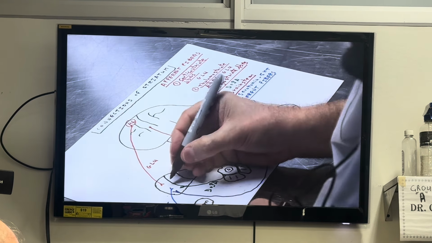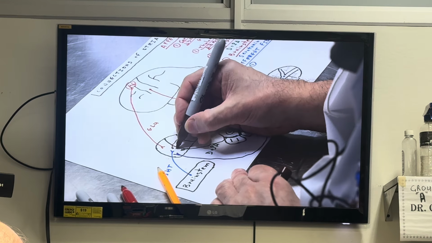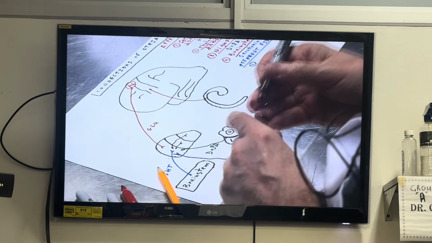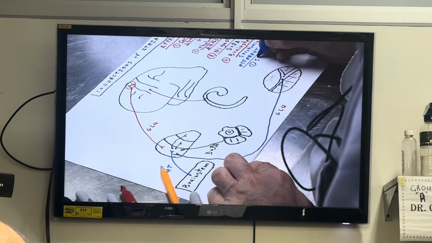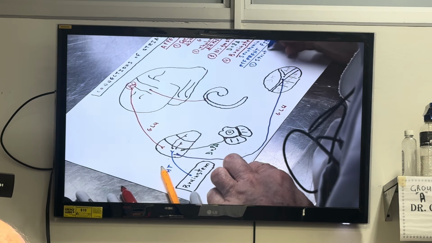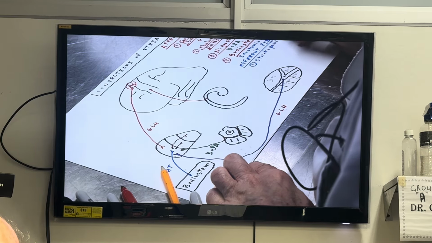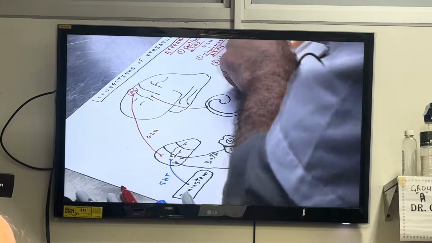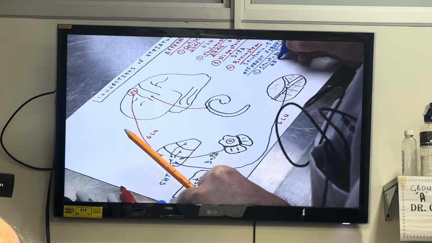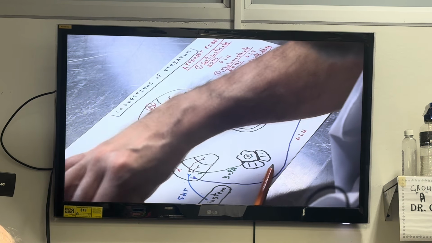It will be striatopallidal fibers. And what will be the neurotransmitter? GABA. Inhibitory. And it will be GABA.